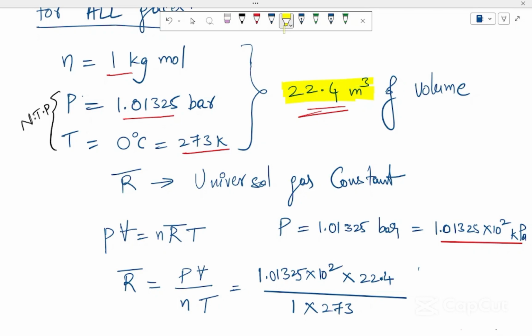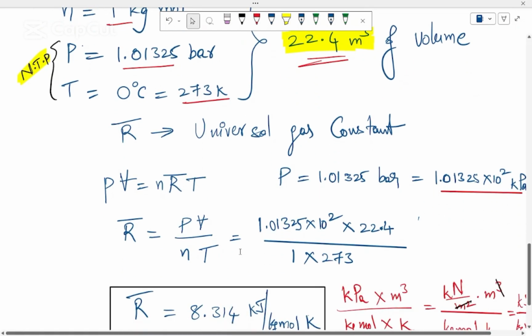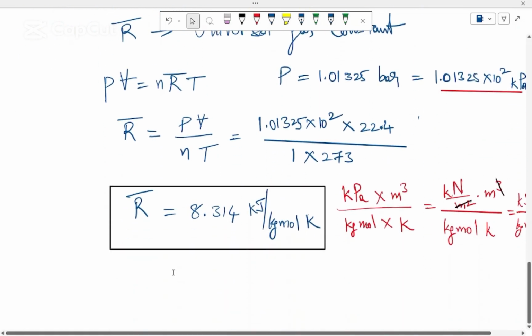So 22.4 meter cube of volume for any gas at normal temperature and pressure per 1 kg mole of the substance. With this we get the universal gas constant, R bar, which is 8.314 kilojoule per kg mole Kelvin.